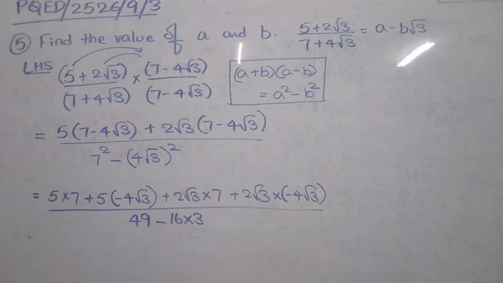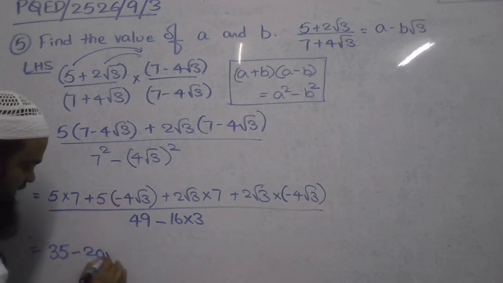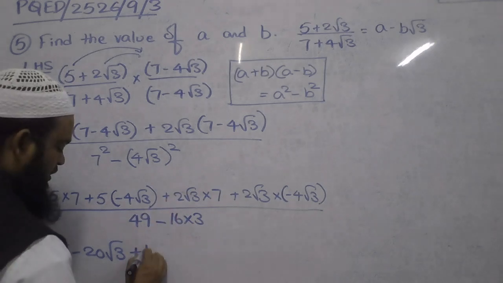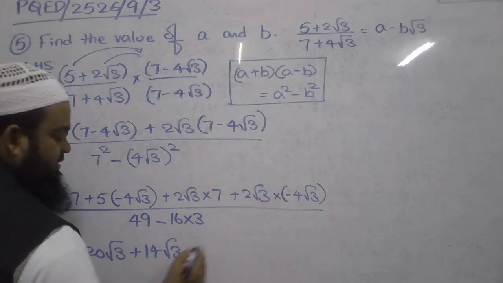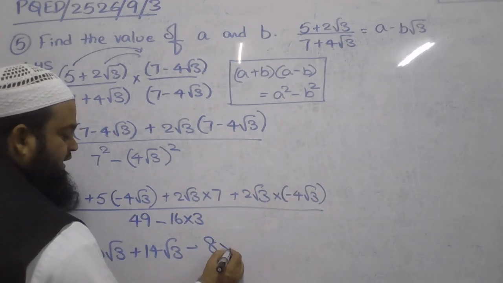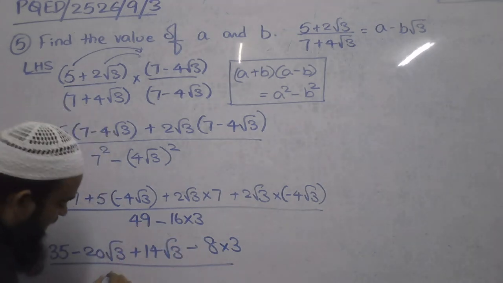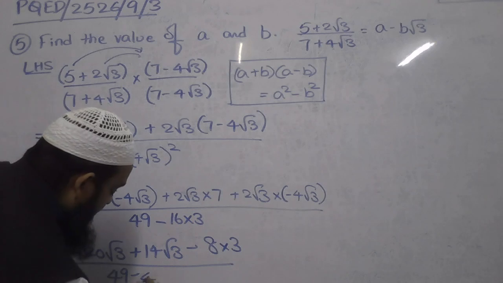Okay, so now that is equal to 5 sevens are 35, plus into minus, minus 5 fours are 20 root 3, plus 7 twos are 14 root 3, plus into minus, minus 2 fours are 8, root 3 into root 3 is 3, divided by 49 minus, I think 16 threes are 48.